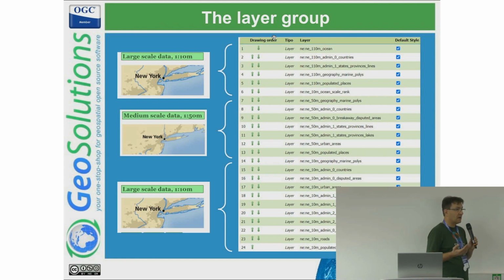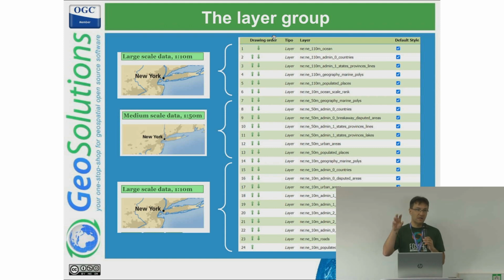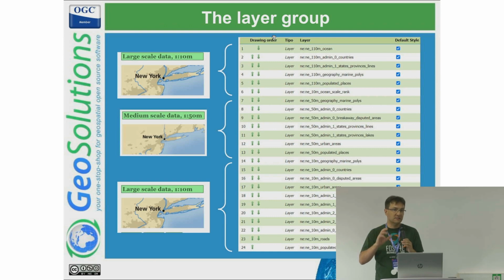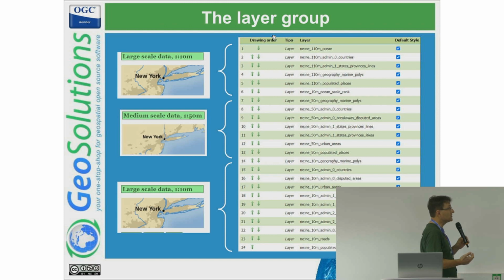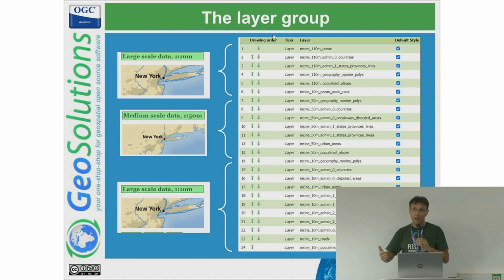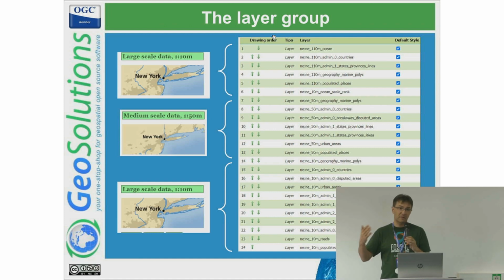Of course, with the right scale denominator controls in the styles, so that they activate and deactivate as we cross certain scale denominator thresholds. So in this case, at 70 million, we switch from the 110 million dataset to the 50 million dataset. And then at 20 million, we switch from the 50 million dataset to the 10 million dataset.